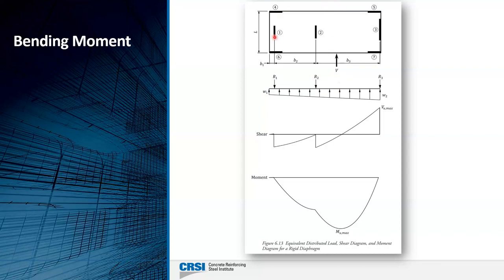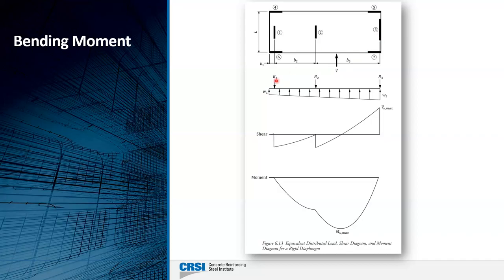So in this direction of analysis, if we know that our concrete slab is rigid, which generally is going to be the case, except for very long, narrow types of structures, we can count on it as rigid, and we can distribute this force V based on the relative stiffnesses of these walls.